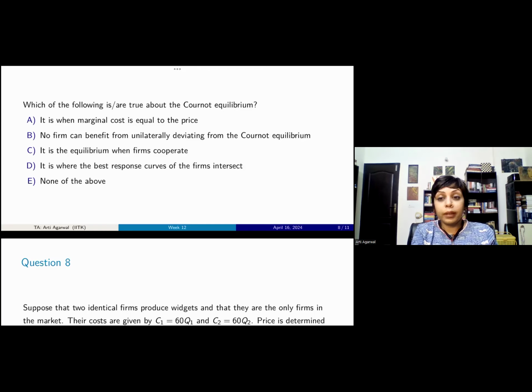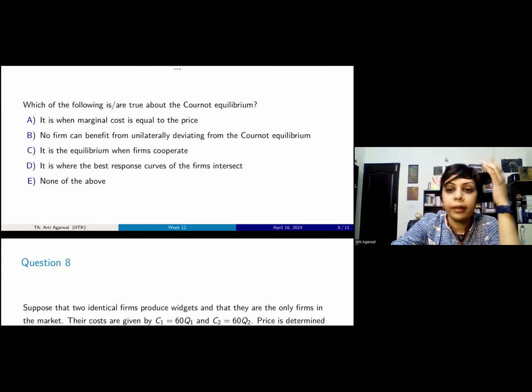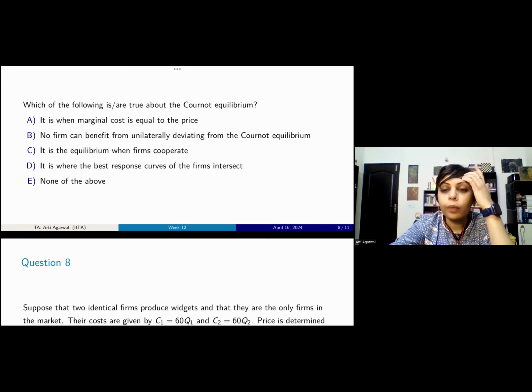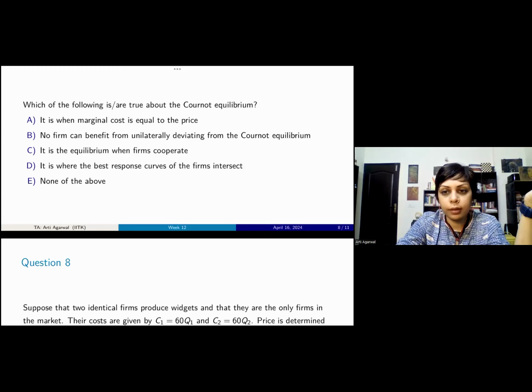It's not a Pareto equilibrium. You have to understand the difference. It's not necessarily Pareto optimal. It may be, it may not be, but if it is an NE, a Nash equilibrium, no player can benefit from changing their strategy or changing the response. In this case, the response here is their output levels.